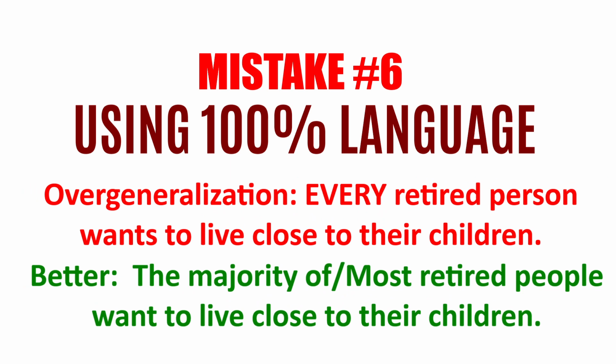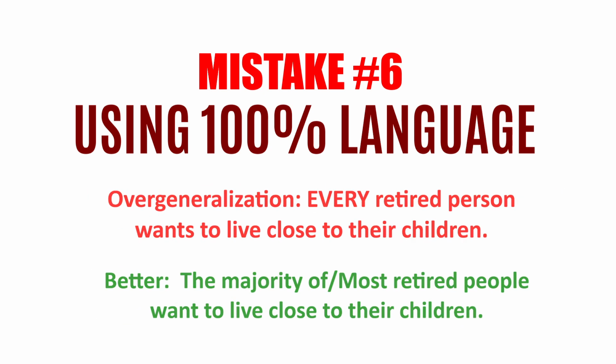This is an example. Every retired person wants to live close to their children. This is not true. Not 100% want to live close to their children. So better, most, the majority of, a high percentage of retired people want to live close to their children.